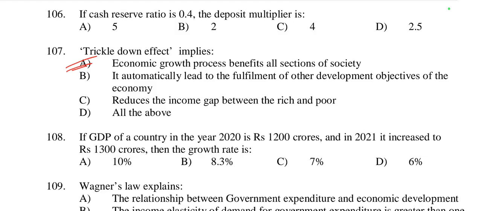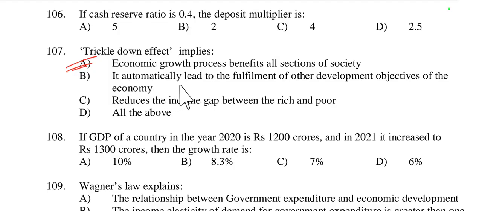Wealth generated at the top will lead to job creation, higher wages, and overall economic improvement for everyone. When the rich are benefited, it also benefits the poor. Rich, middle class, poor, all sections of the society are benefited by the trickle down effect.